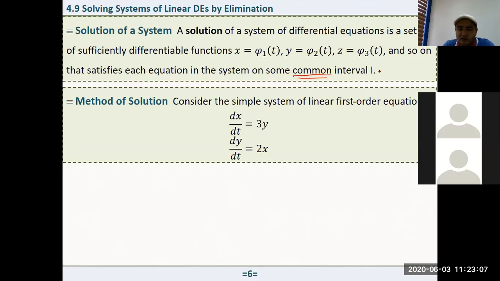Otherwise, for example, one interval from 0 to 5, for each value on this interval, we can evaluate the value of the function here, also for y, but here, it's not defined, for example. It doesn't make sense. That's why it should be a common interval. Actually, when we just substitute into this, we should be able to evaluate these functions, okay?